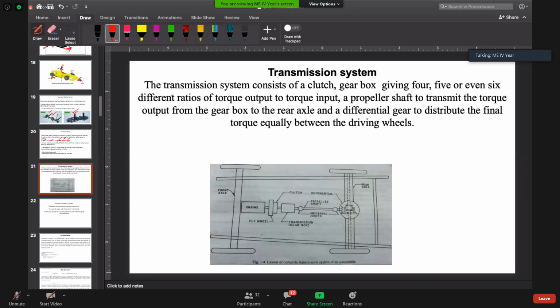Transmission system. This line diagram, if in the examination transmission system is asked, you have to draw this line diagram and then write 4 to 5 lines. See, 60 to 70% weightage of any question. Suppose a 10 marks question is there and I'm asking about transmission system. So 6 to 7 marks will be given to your diagram.